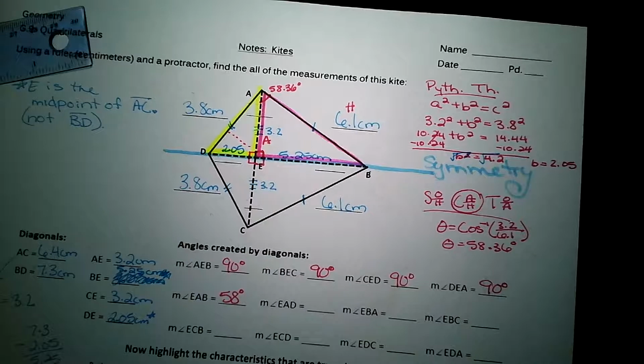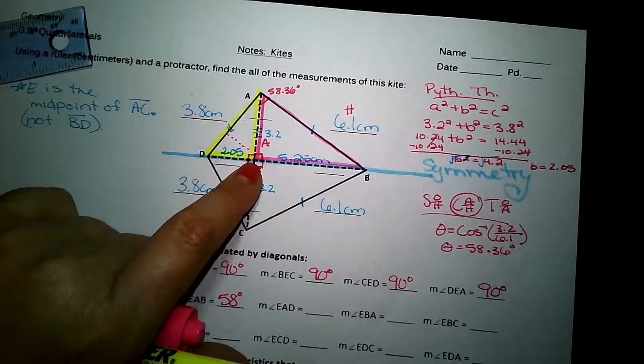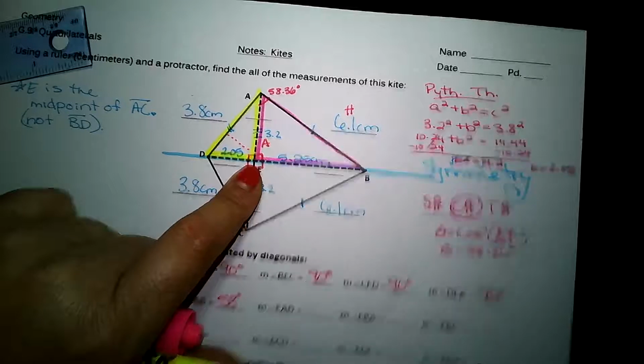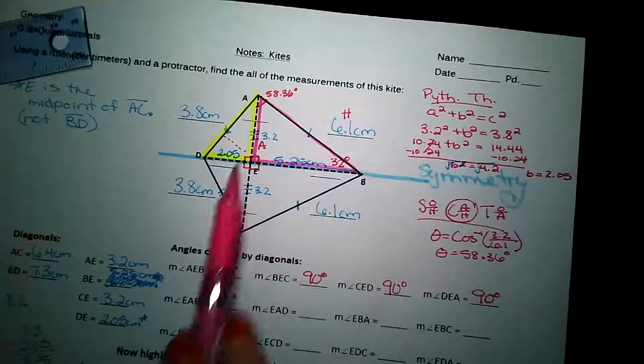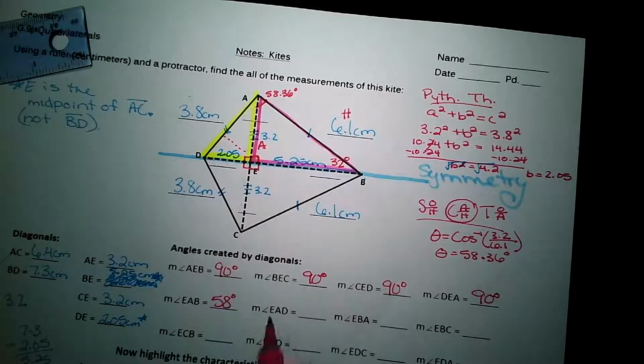So I already used up the 90 at angle E here in the middle and that 58 degree angle that we just solved for. So that leaves me with 32 degrees over here at EBA. EBA, 32 degrees.